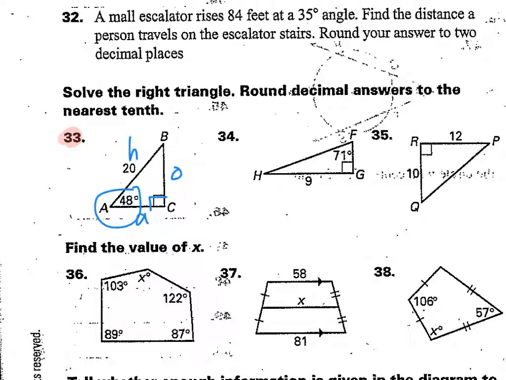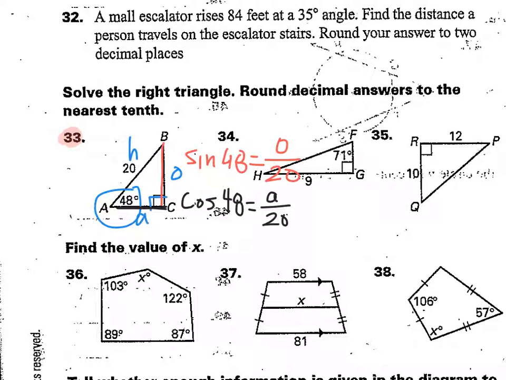So you're going to go sine of 48 equals O, the opposite, over the 20. Multiply both sides by 20, and you'll have this B side right here. Then, to figure out AC, we use cosine of 48 equals A over 20. Again, multiply both sides by 20. That'll give you the length of AC right there.